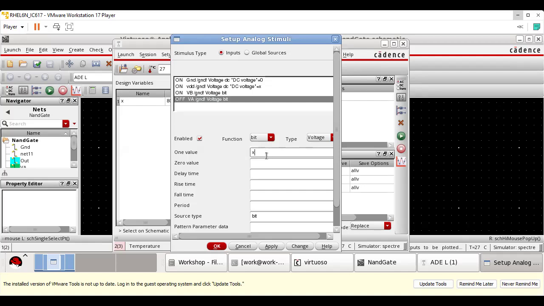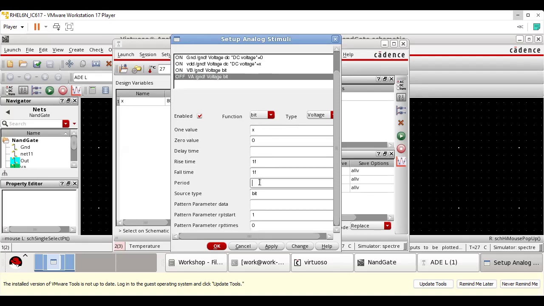Now, what is VA? 0 is 0 volt, 1 is X. Rise time 1 femto. Fall time 1 femtosecond. Period is again 20 nanoseconds. And the pattern is 0, 0, 1, 1.